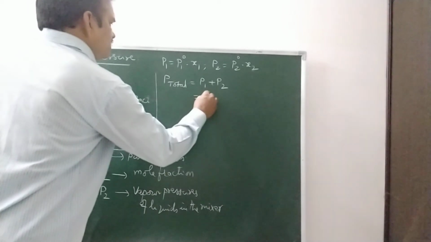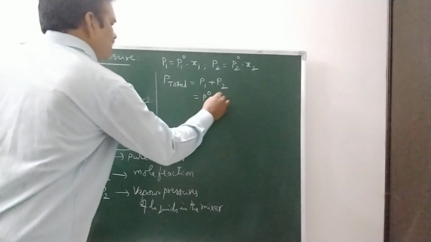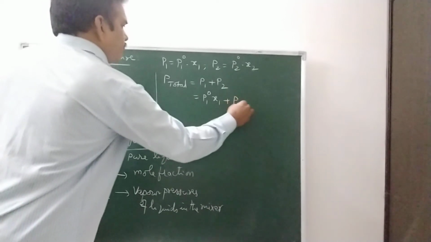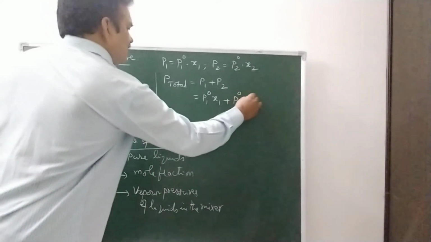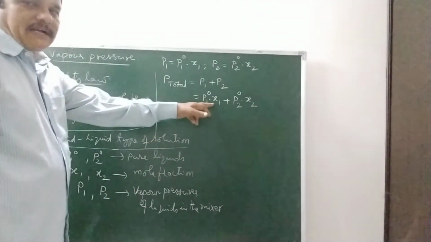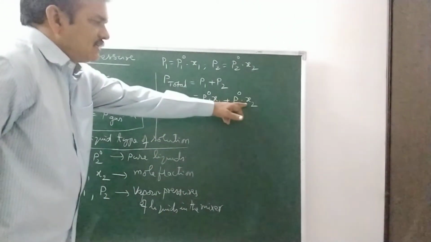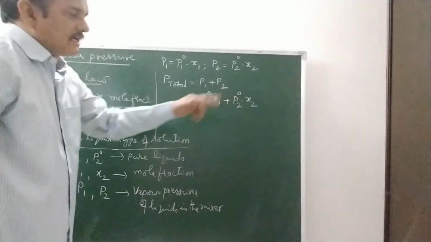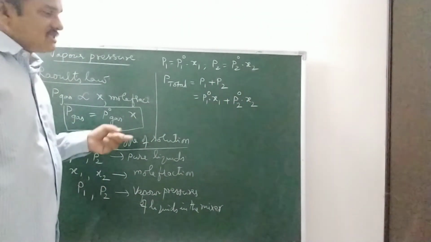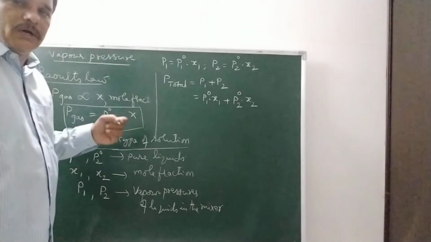But P total is equal to P1 naught x1 plus P2 naught x2. What is x1? Mole fraction of the first liquid. What is x2? Mole fraction of the second liquid. In a mixture, the sum of the mole fractions is equal to 1.